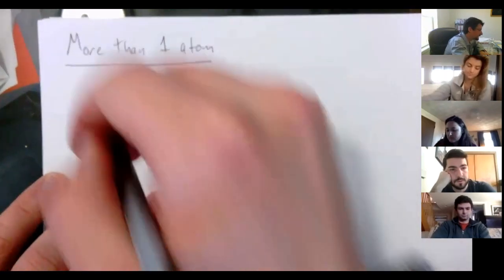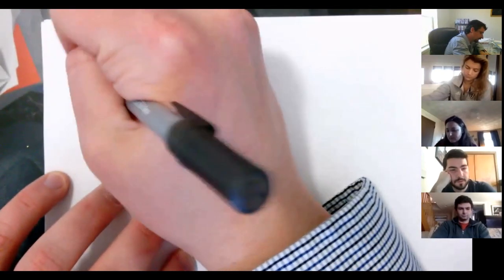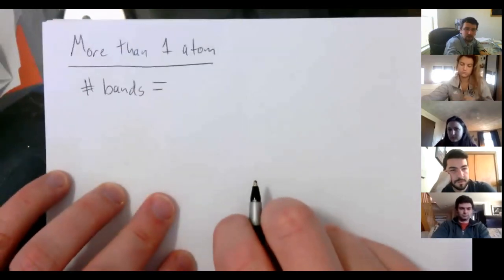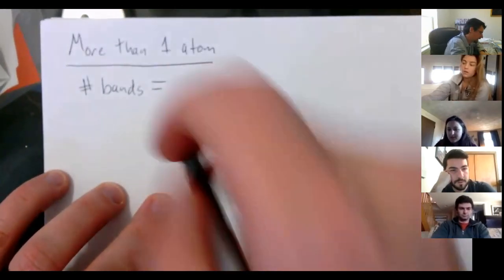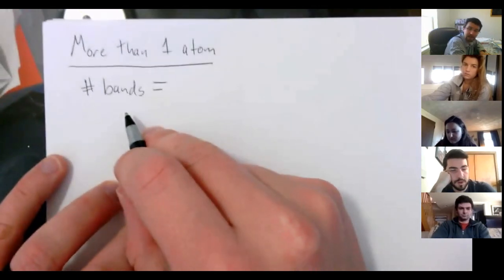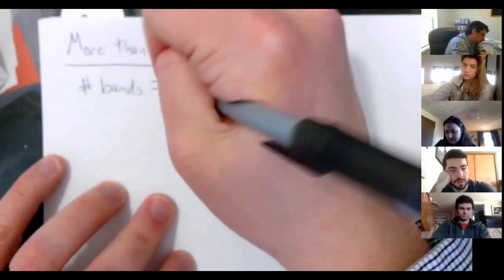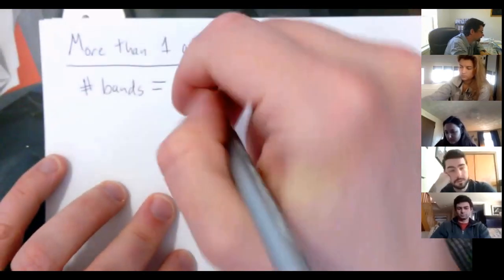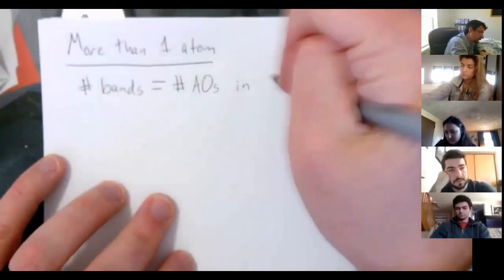And remember, what did we say about the number of bands? What's that equal to? Number of atomic orbitals, yep, in the unit cell.